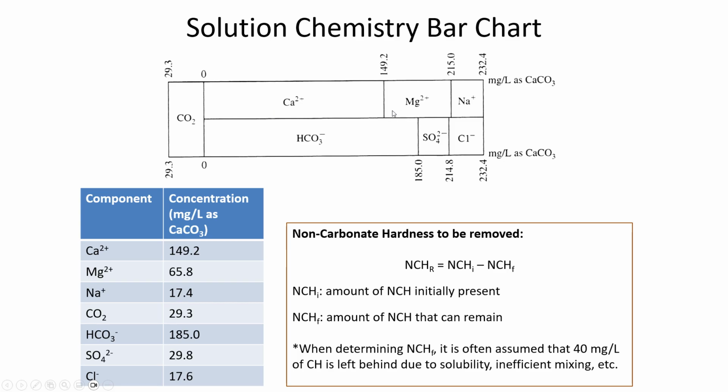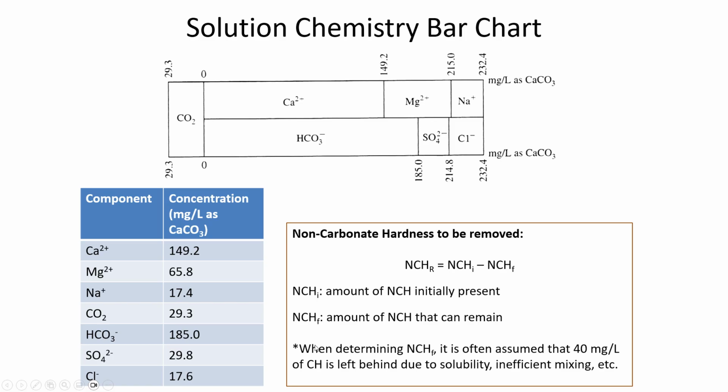How much of it is carbonate hardness and how much is non-carbonate hardness is what we may want to know. Here the carbonate hardness is 185, because you can see the carbonate component from 0 to 185. The non-carbonate hardness is the total hardness overall minus the carbonate component. So 215 minus 185, there's 30 milligrams per liter of non-carbonate hardness according to this bar chart.